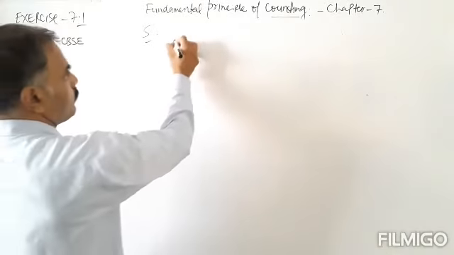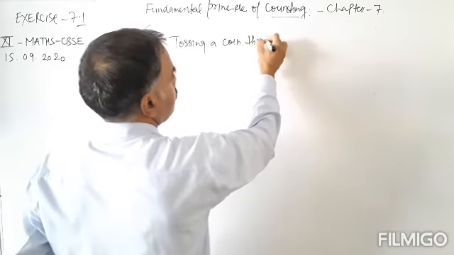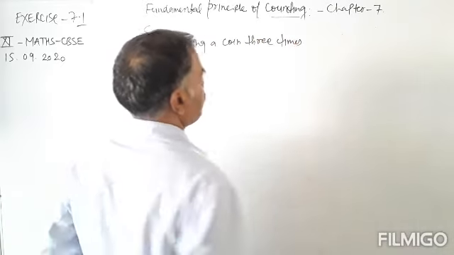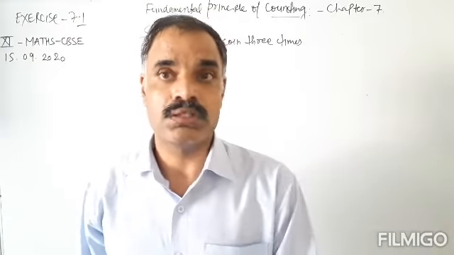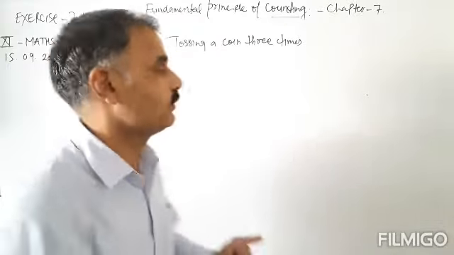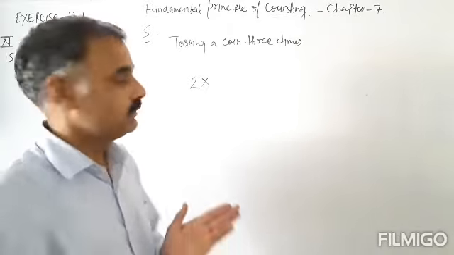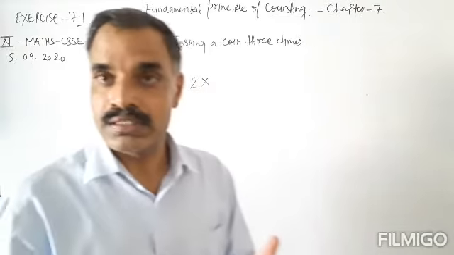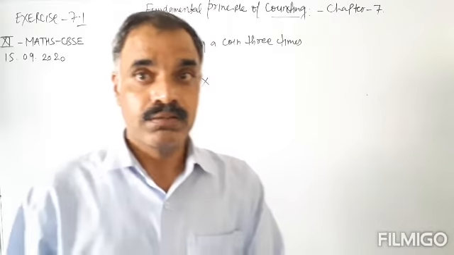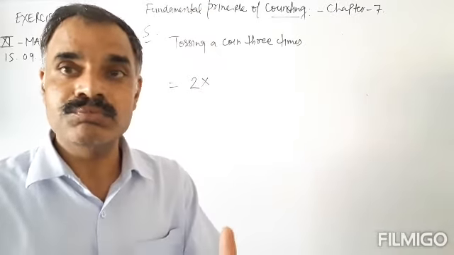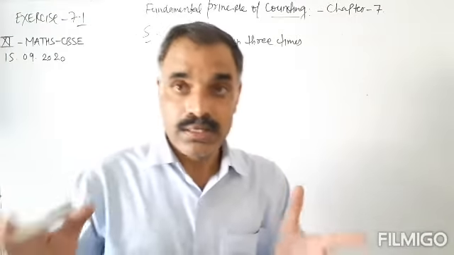Okay, so tossing a coin 3 times. If we are tossing a coin the first time, we have 2 outcomes, either head or tail. In the second attempt, whenever we toss the coin the second time, we again have 2 options, head or tail.